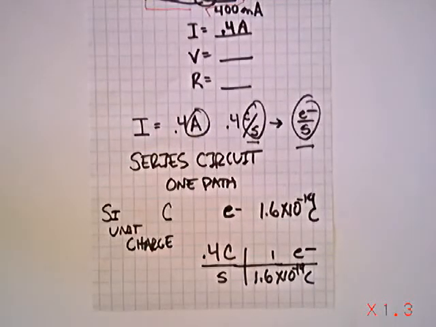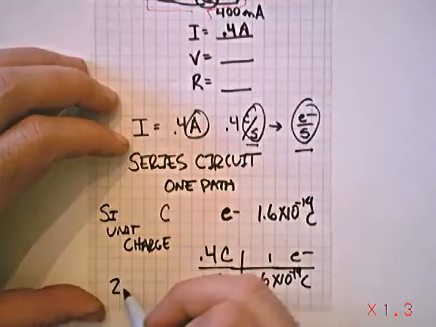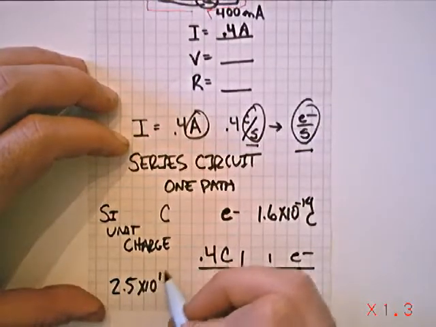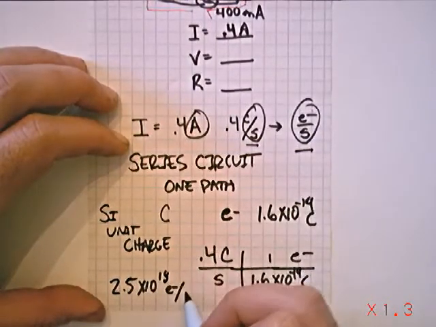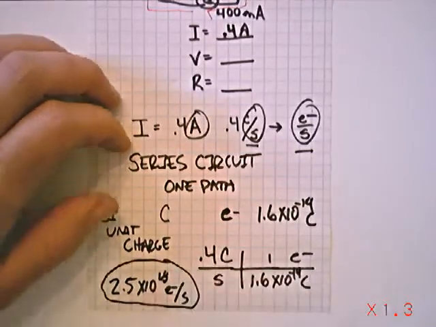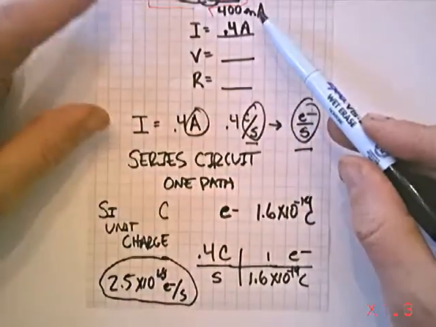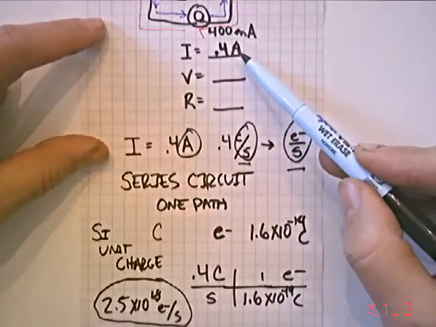So 0.4 divided by 1.6 e negative 19 gives me a large number, 2.5 times 10 to the 18. 2.5 times 10 to the 18 electrons per second is how many are flowing through the circuit. And so we end up with something like this. When I say 400 milliamps, I could also say 0.4 amps.